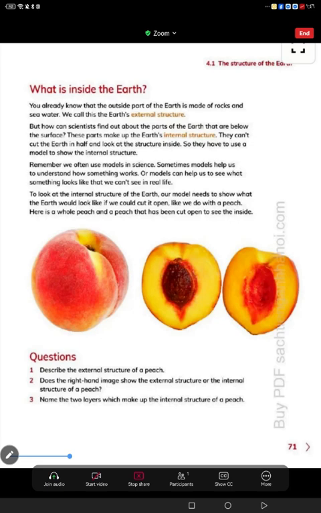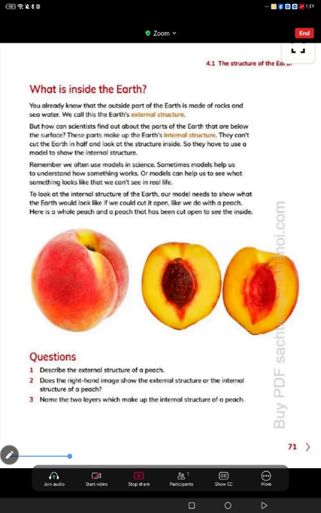This model helps us to know the layers of the earth. This peach consists of layers, like the earth consists of layers also. Scientists use the peach as it contains three layers like the earth.